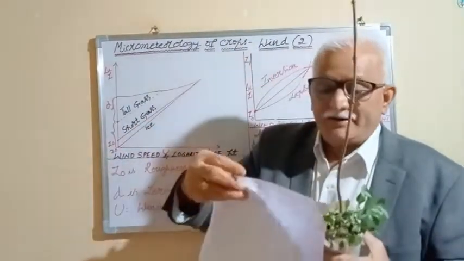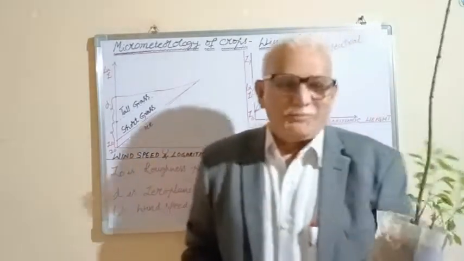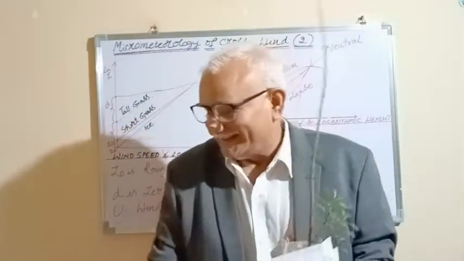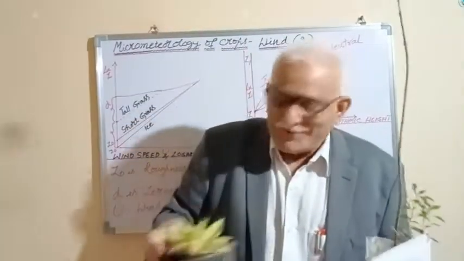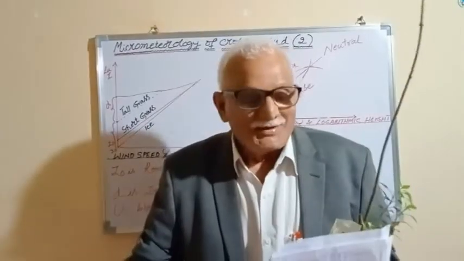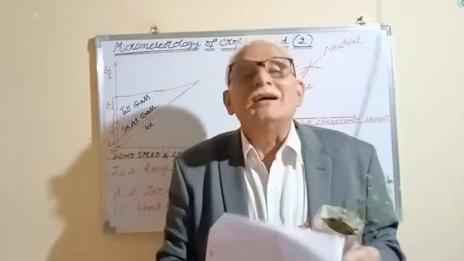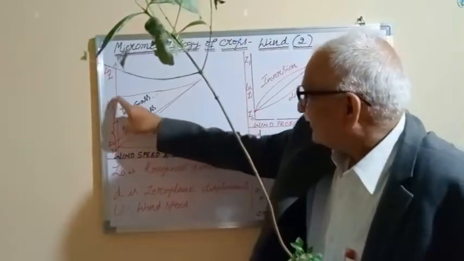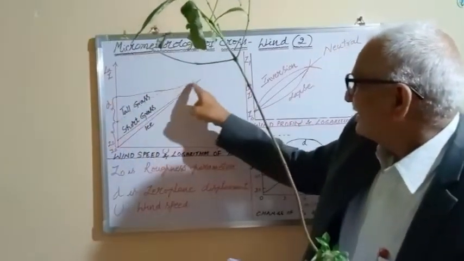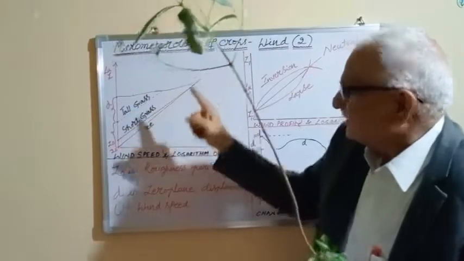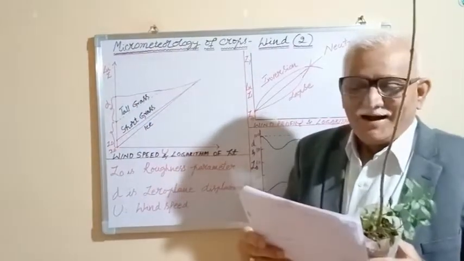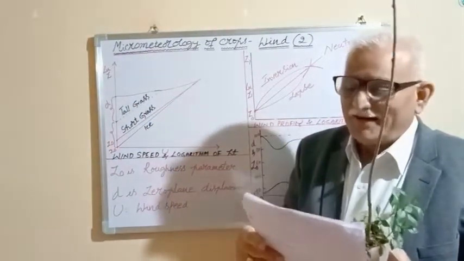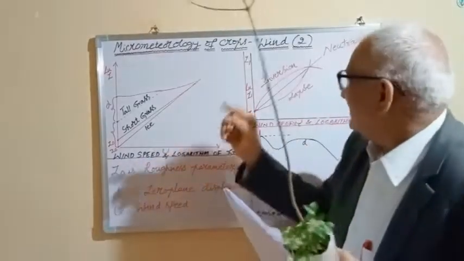Now another very interesting point, please write. Over a tall crop, as compared to a short crop, the relationship is curvilinear. For a tall crop, the relationship is curvilinear, and the departure from the straight line is known as zero plane displacement.